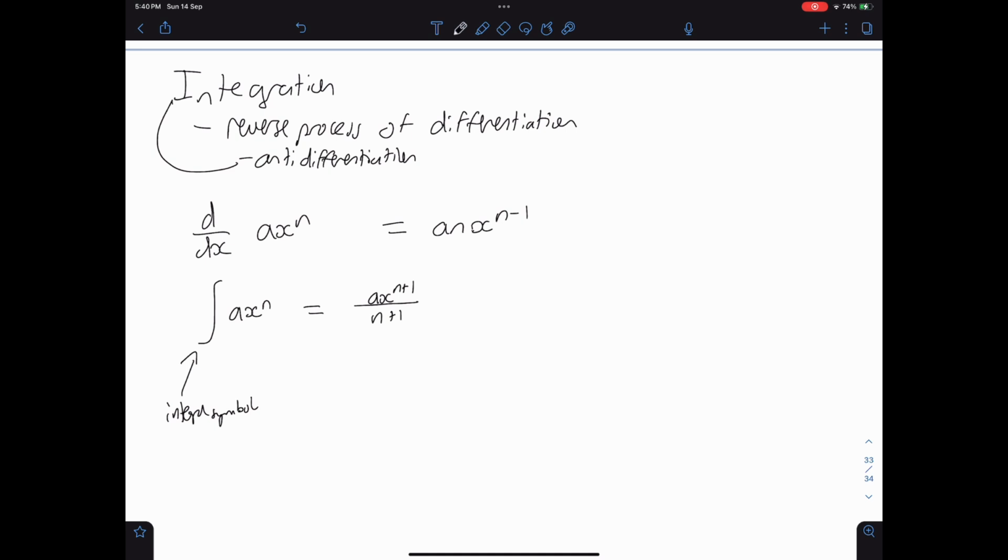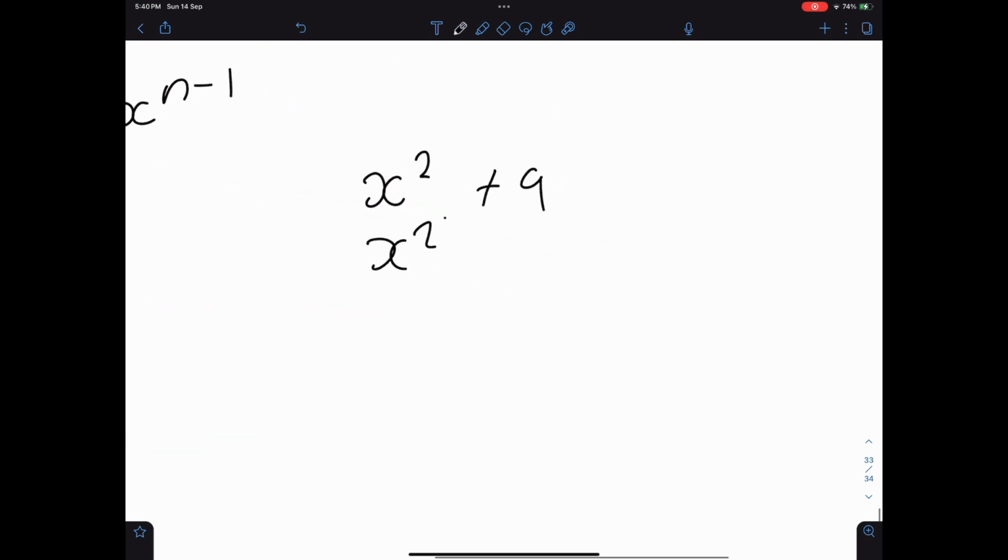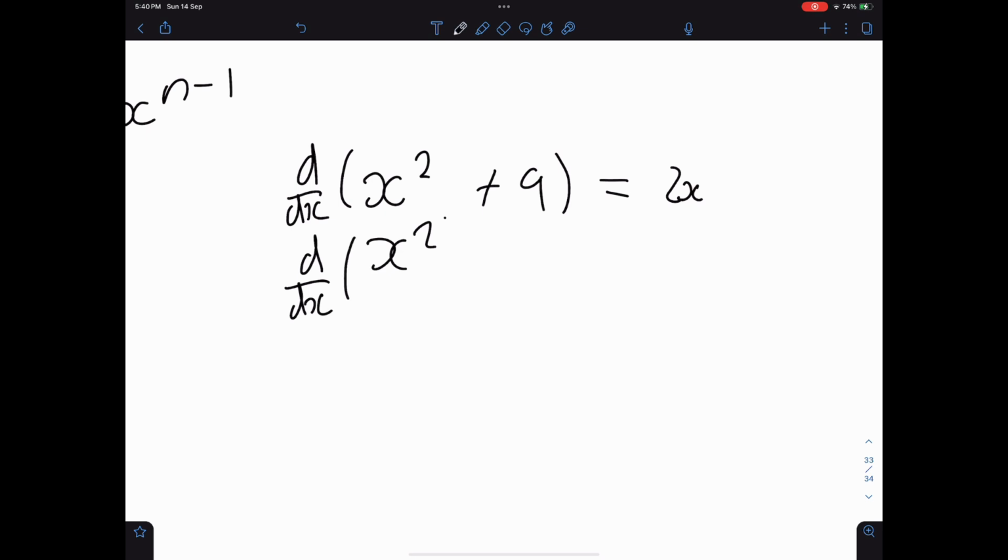Well, let's take the example x squared and x squared plus 9. d dx of that would just be 2x, and 9 differentiates to 0, right? And d dx of x squared is also 2x.